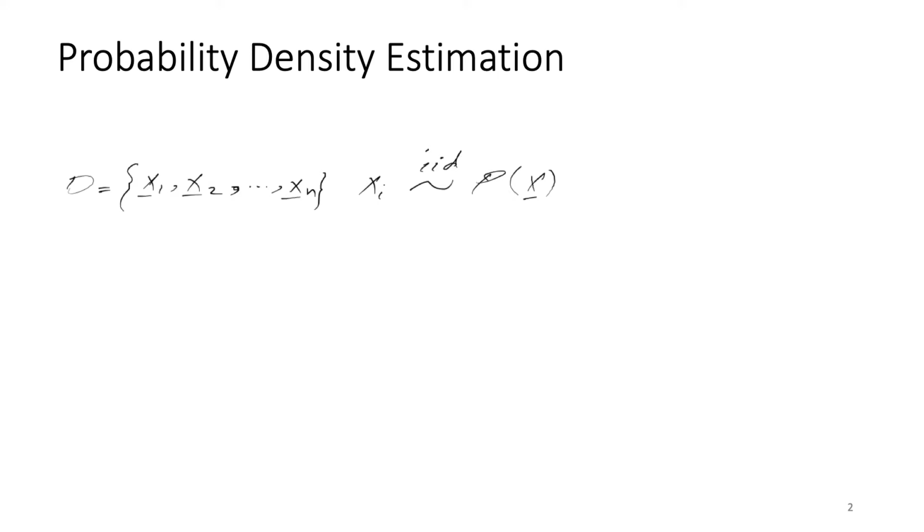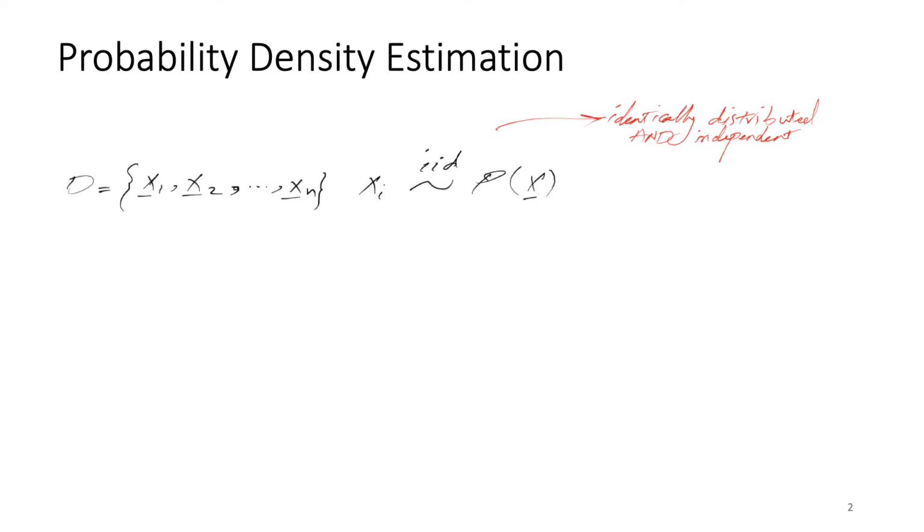Our xi's are generated from an IID distribution with a certain probability. So what is IID? IID is the abbreviation for identically distributed and independent distribution. I'll have a look at the formal definition in just a second.